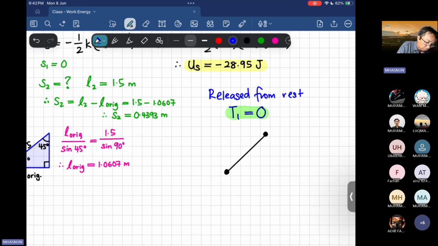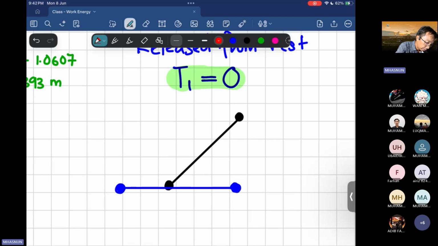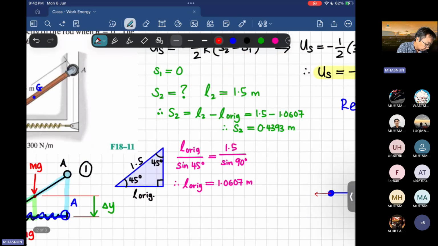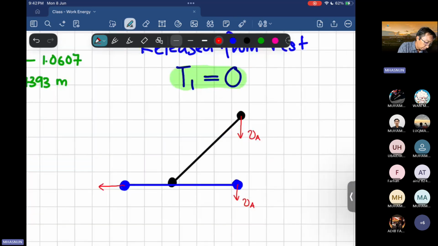So this is going to be point A, and this is our straight line, and this will be our point B. Okay, so kita akan lukis VA. So VA is pointing downwards pada position yang pertama. Position yang kedua juga VA is pointing downwards. And VB is pointing in this direction. Mana satu B, mana satu A? VA, VB, betul. Okay, so VA is pointing downwards, VB is pointing in this direction.